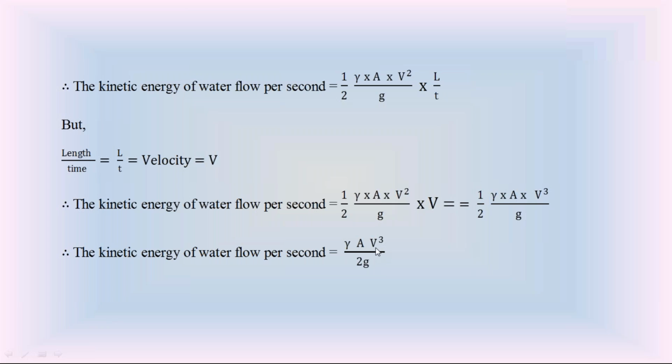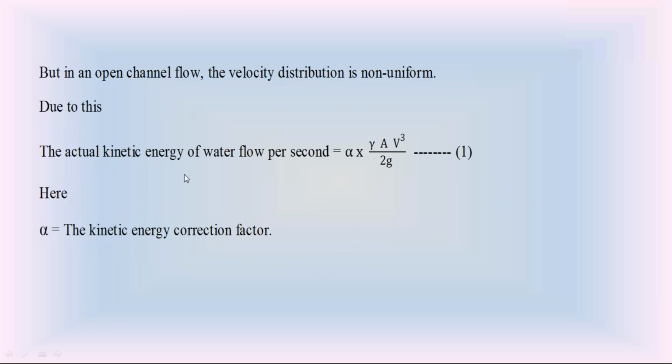Since it is not the actual velocity, it is the mean velocity, we cannot consider this kinetic energy as the actual kinetic energy. Now, we can calculate the actual kinetic energy of water flow per second, which is equal to alpha into gamma A V Q by 2g. We call this the actual kinetic energy of water flow per second, and here this alpha is called the kinetic energy correction factor.